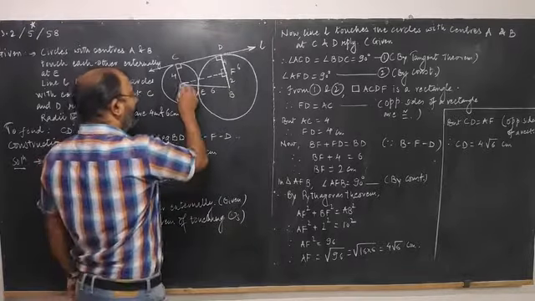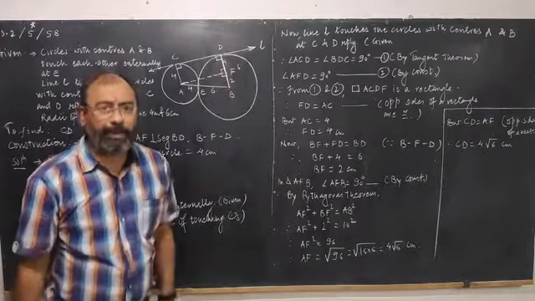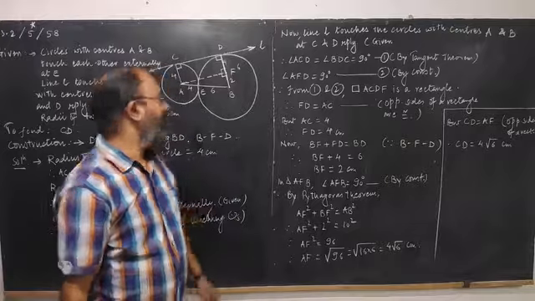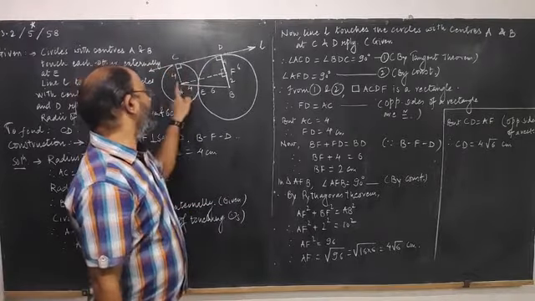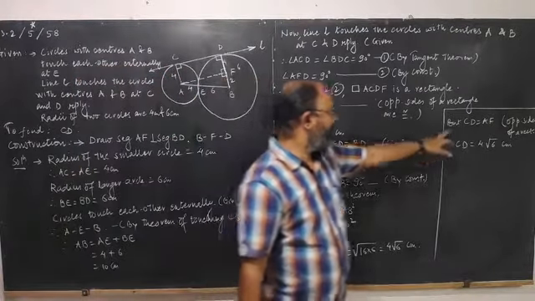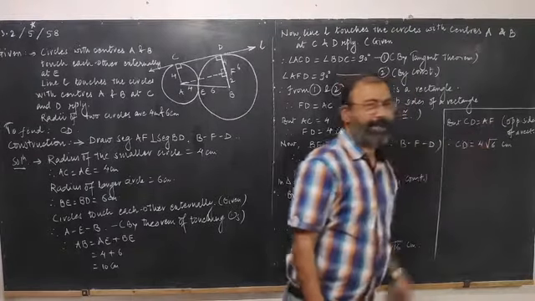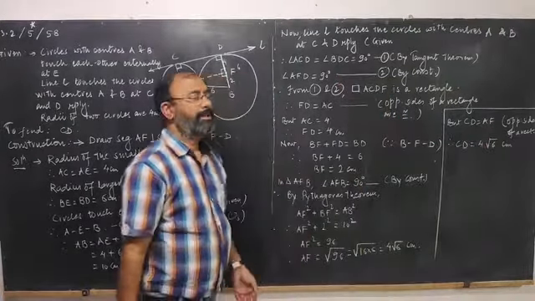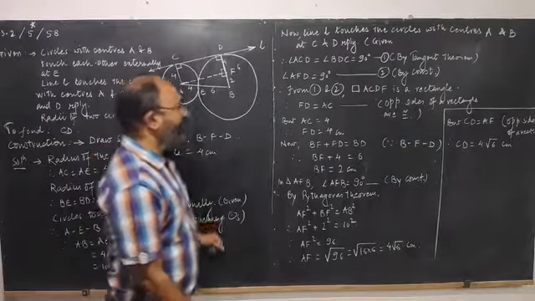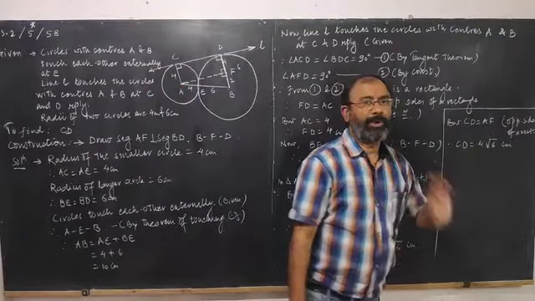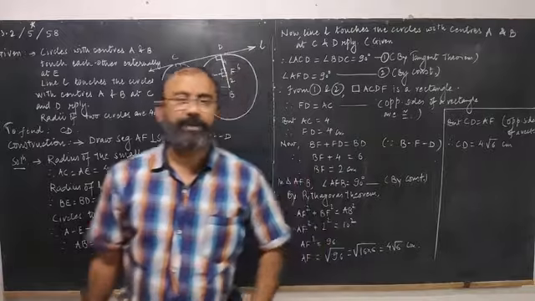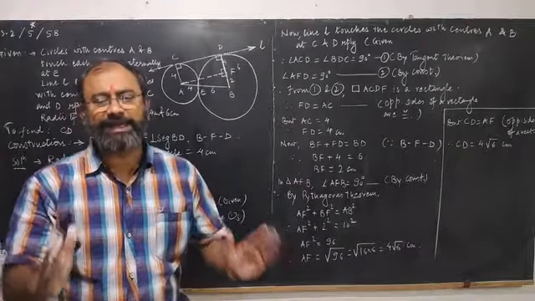So distance AF came out to be 4 root 6. But CD is equal to AF, opposite sides of a rectangle. AF we have just now found, it is 4 root 6. Therefore, CD is also equal to 4 root 6. So that gives the length of segment CD.